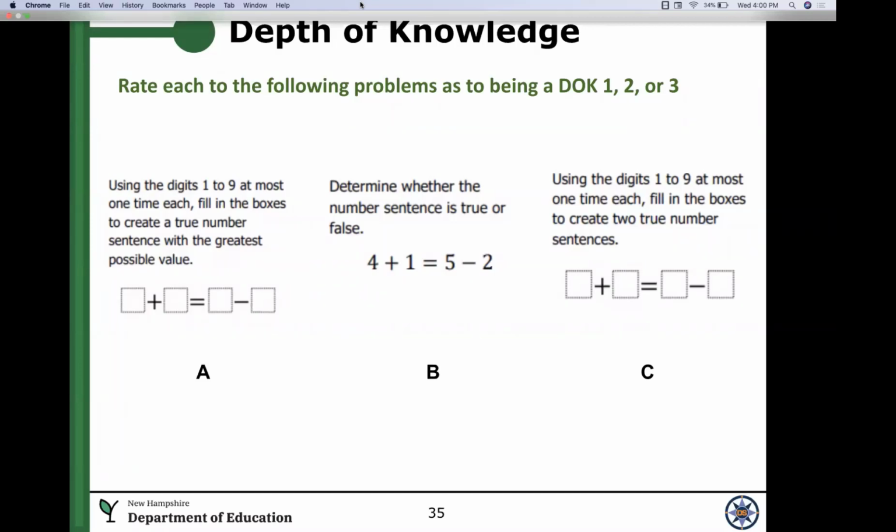But these three questions can show you what the same basic problem looks like at a DOK1, a DOK2, and a DOK3. So are you hoping for them to put in the chat which one would be DOK1, which would be DOK2, and which would be DOK3? Yes, perfect.